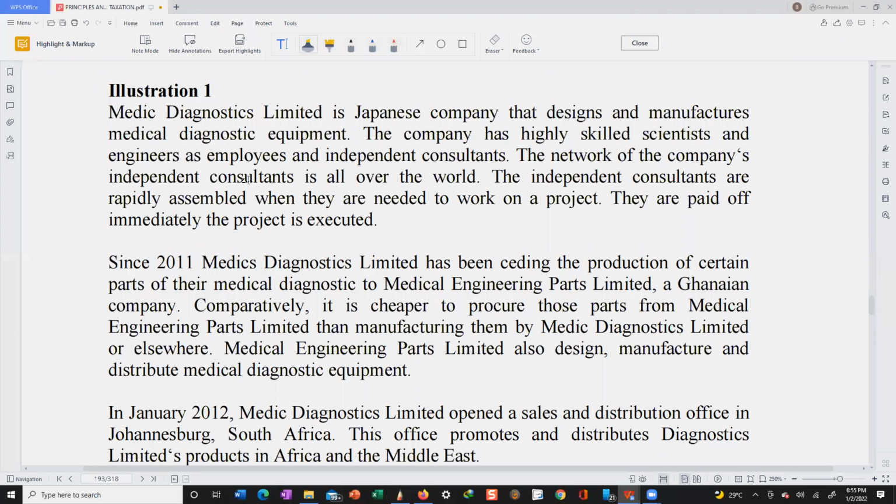From here, we move to another thing. Okay, so it says Medic Diagnostic Limited is a Japanese company that designs and manufactures medical diagnostic equipment. Now, I want to tell you one thing. If you are dealing with any transfer pricing question, first, always, even when we're doing DTs, I told you, always identify the function of the entity. What does the entity do?